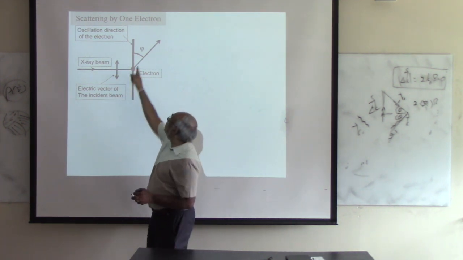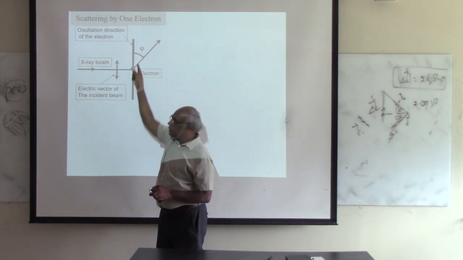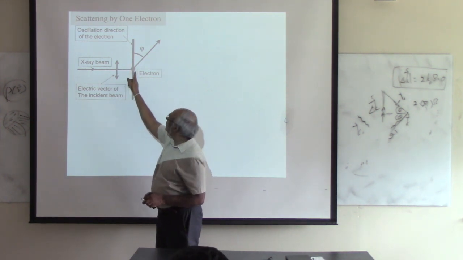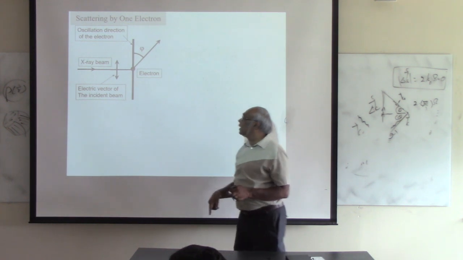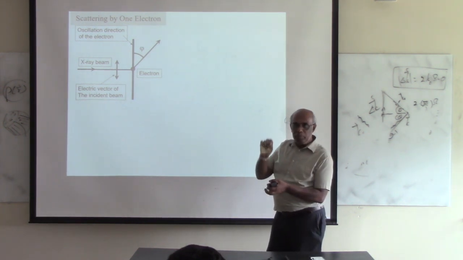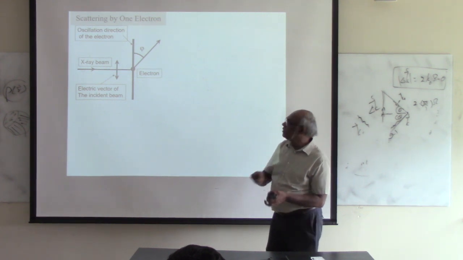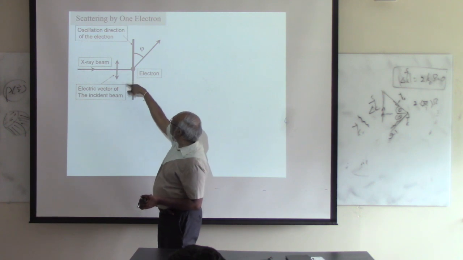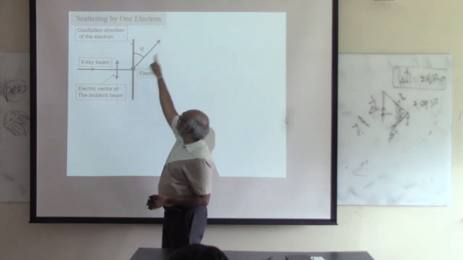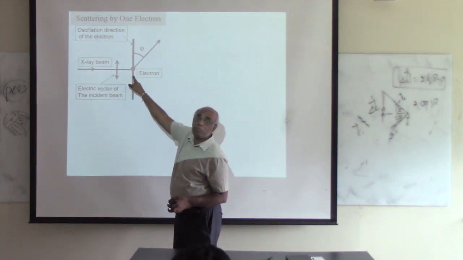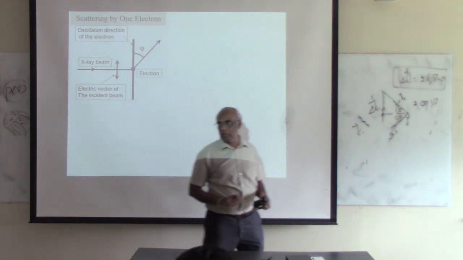So that beam is going to get scattered from one electron, right? Why is it going to get scattered? You know, this electron is actually vibrating, right? So because of that, this electric field is going to interact with that vibration. Anyway, just think about the X-ray beam scattered from one electron, right?